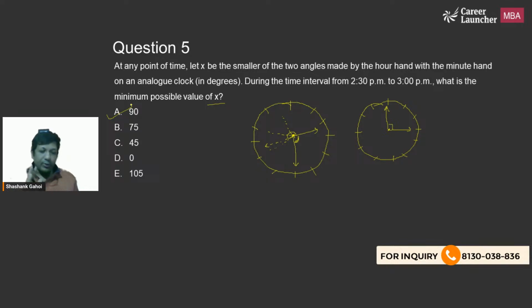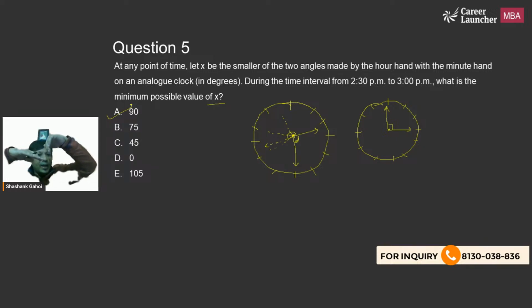Did you get my point? So basically at 2:30, the angle between hands is more than 90. Now as time passes, the angle increases. Initially it's more than 90, then it increases more, eventually it becomes 180, then it starts decreasing again.